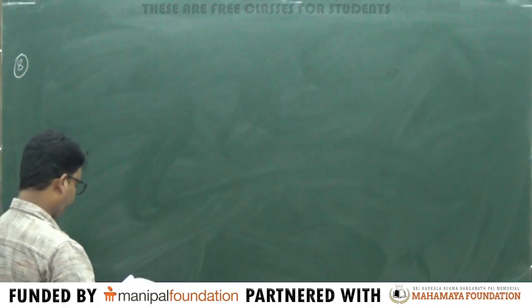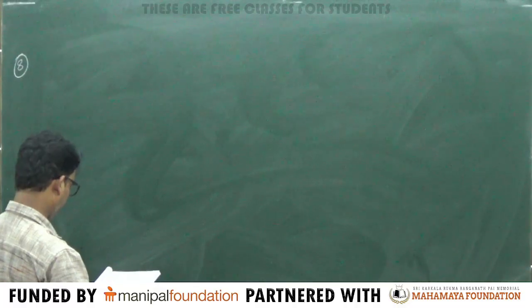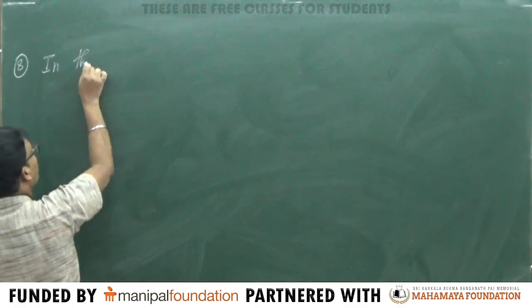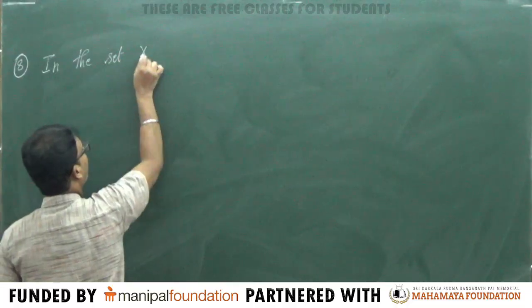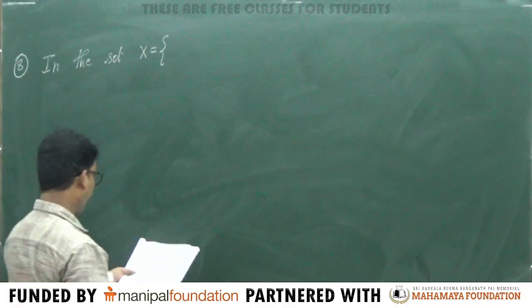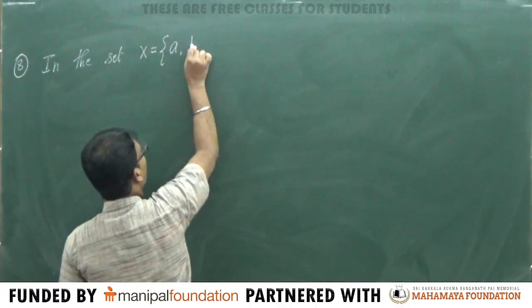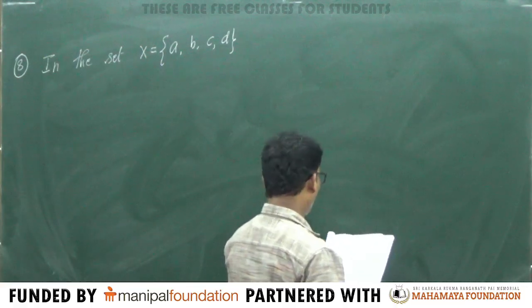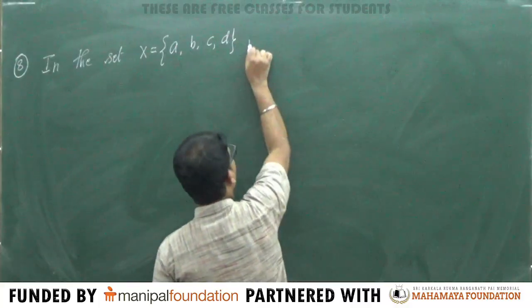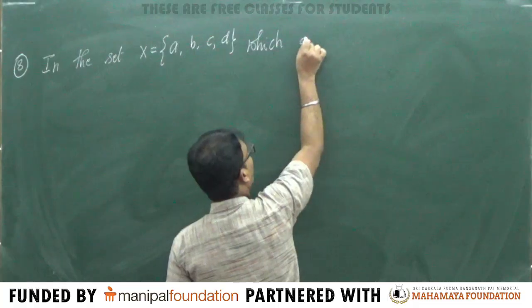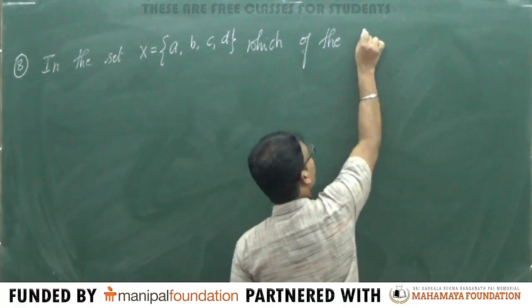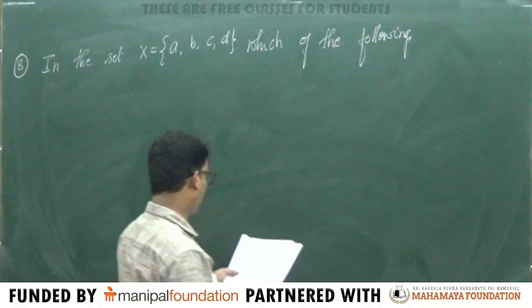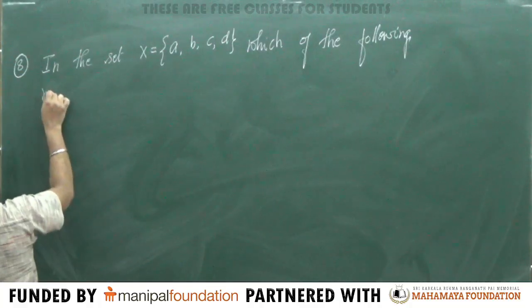Question number 8. In the set X is equal to {A, B, C, D}, which of the following relations is a function?